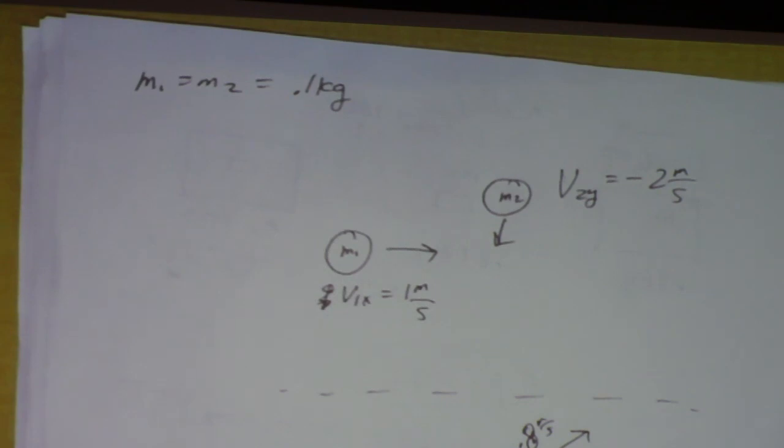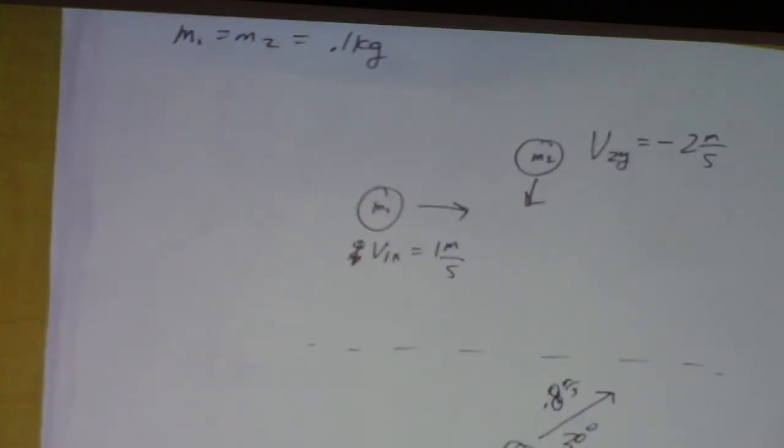Let's see if we can get some idea which way puck 1 is going to be traveling. If you think about it in terms of momentum, we have momentum to the right and momentum down. So after the collision, we have to have the same amount of momentum to the right and the same amount of momentum down.